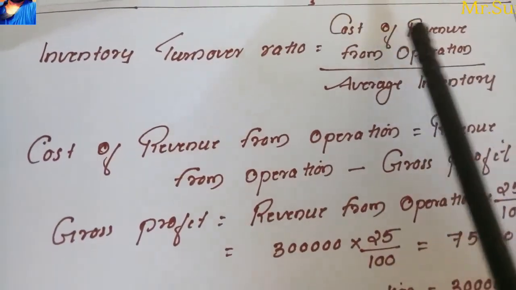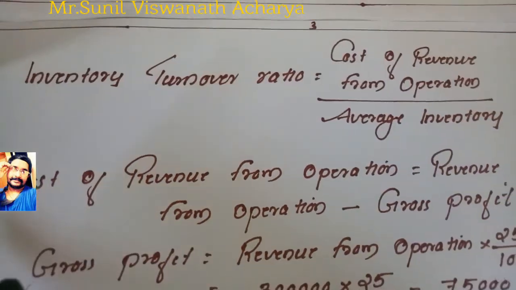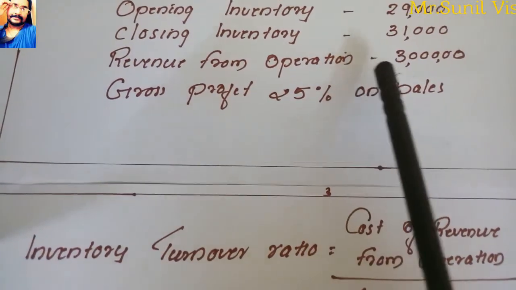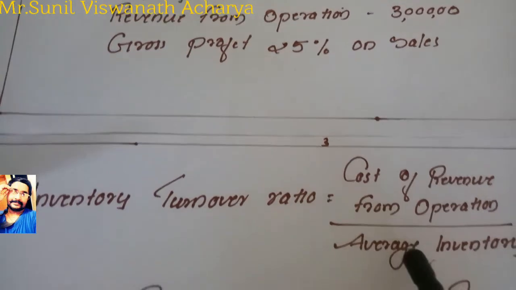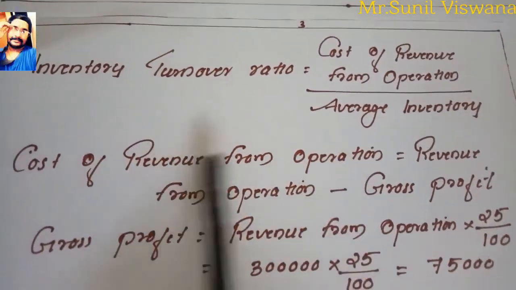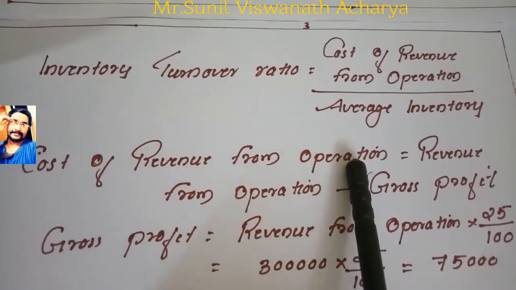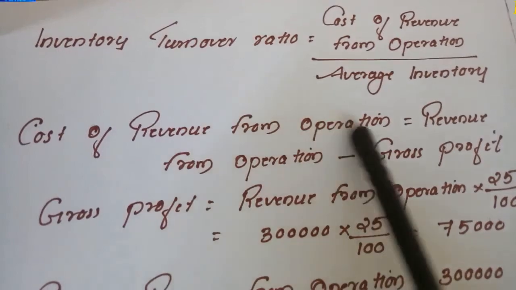In this question, cost of revenue from operations is not given. What is given? Revenue from operations is given. Cost of revenue from operations is not given. Then first we find the cost of revenue from operations, which means cost of goods sold.